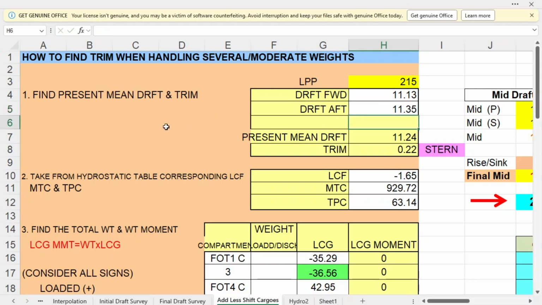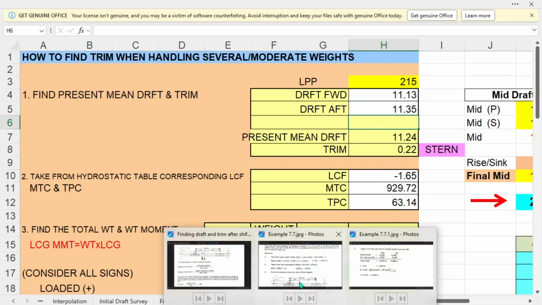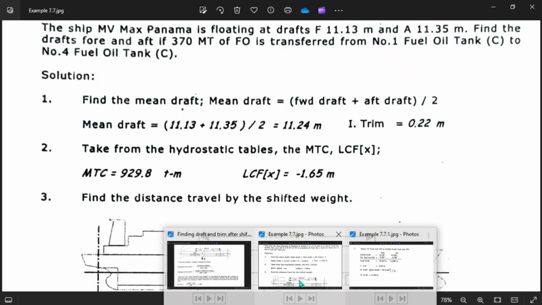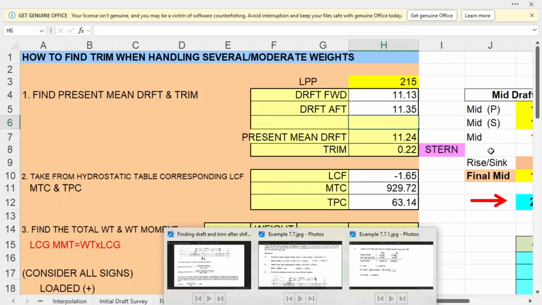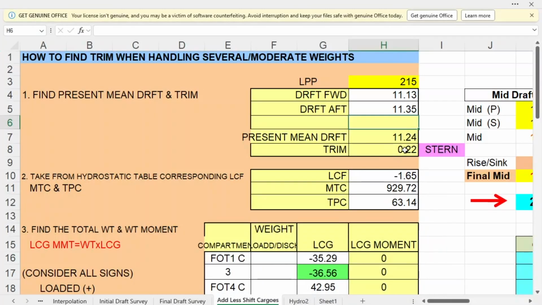The problem, guys, is how to find trim when handling several movement weights. Okay. So your mean drop is 11.24. Yes, 11.24, and your trim will be 0.22. Your trim will be 0.22. Okay.